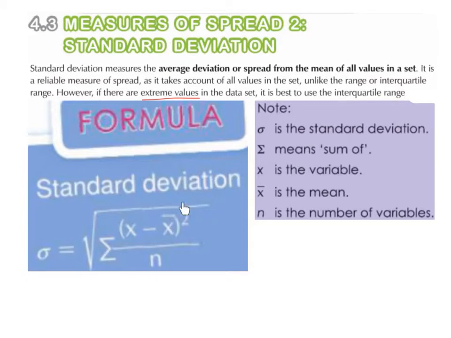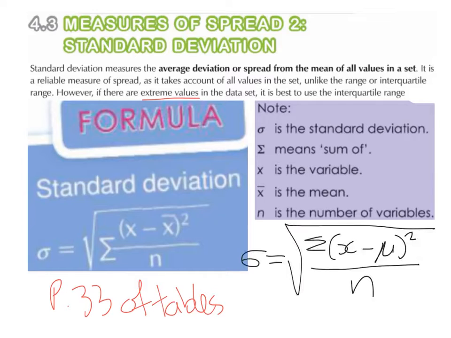This formula is given to you on page 33 of your formula tables, but it is written slightly differently. This is the formula that you'll see in your formula tables. The only difference is this little symbol here. It looks like a U with a little line in front of it, and it represents the mean, and also on page 33 is that symbol, and written to the right hand side of it says mean.